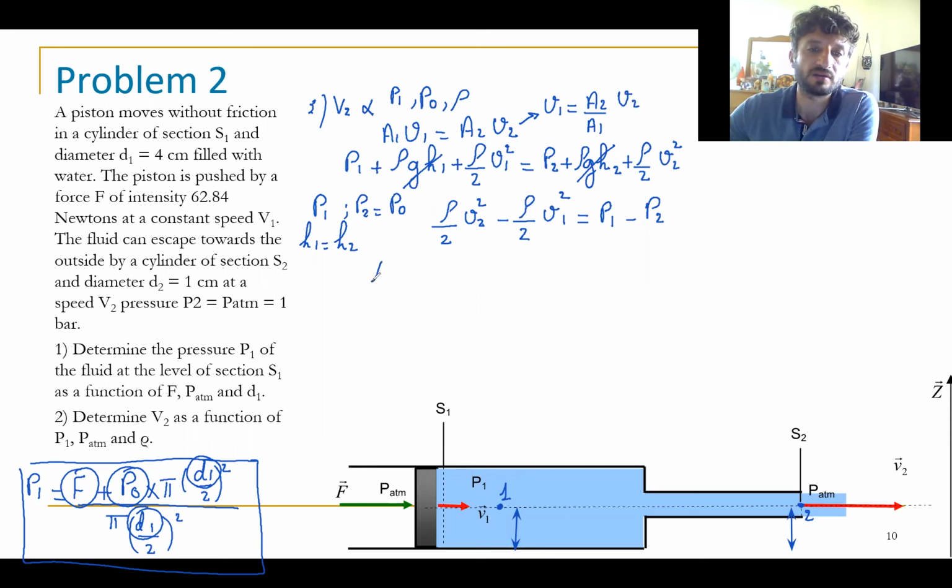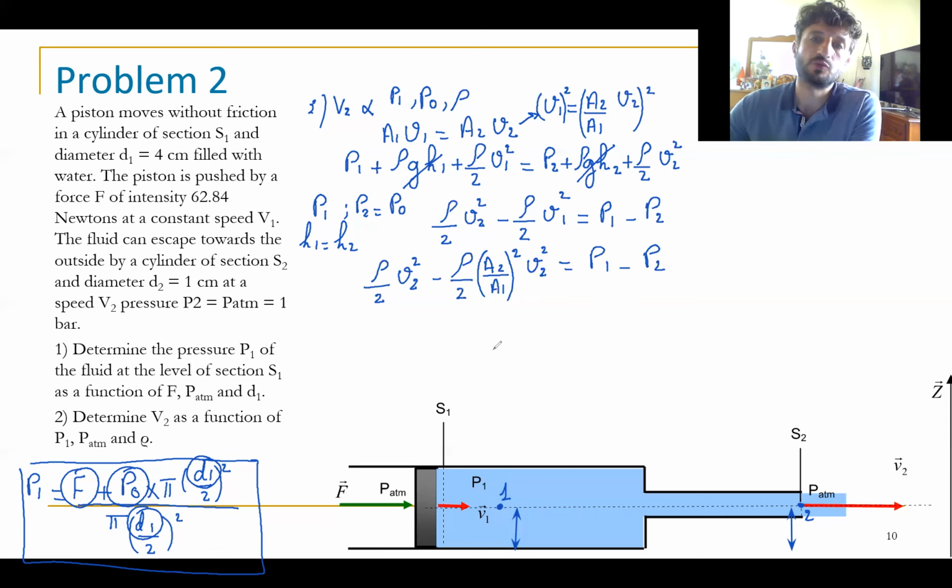So rho over 2 V2 squared minus rho over 2 (A2 over A1) squared times V2 squared equals P1 minus P2.